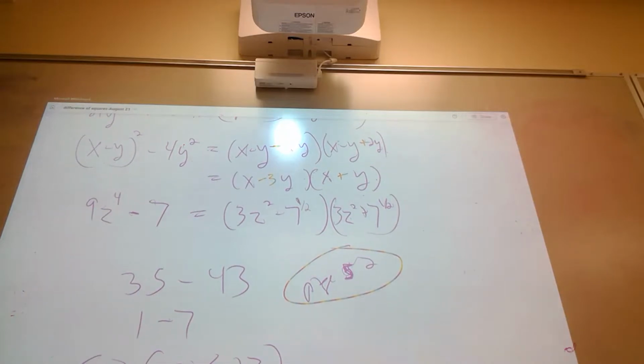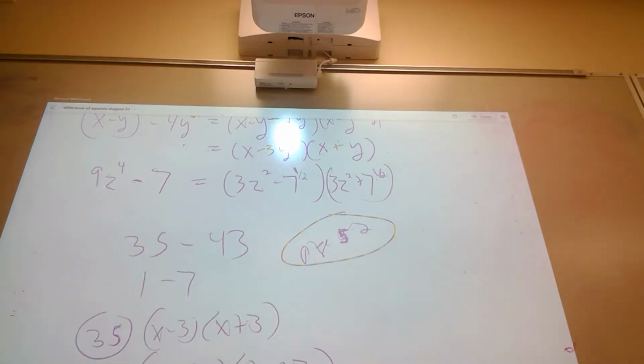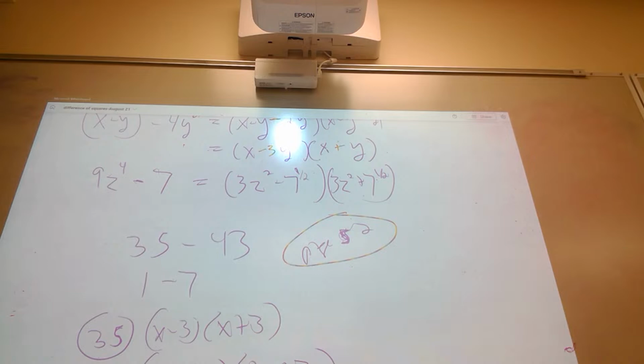So for 1, we have x minus 3 times x plus 3. With 35, 37, we have 2a minus 7 times 2a plus 7.